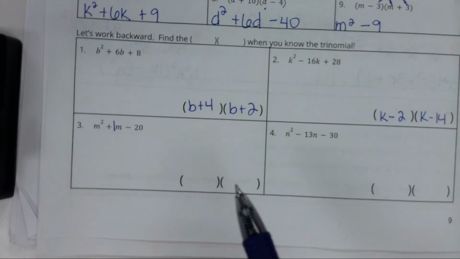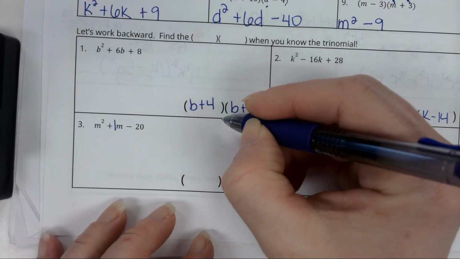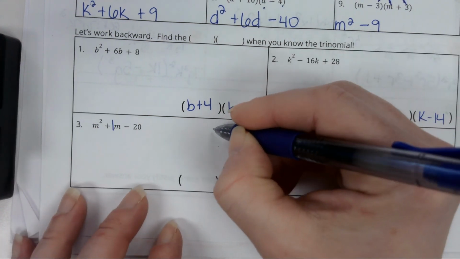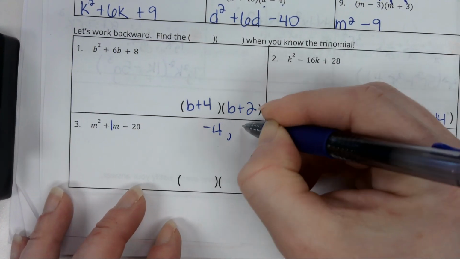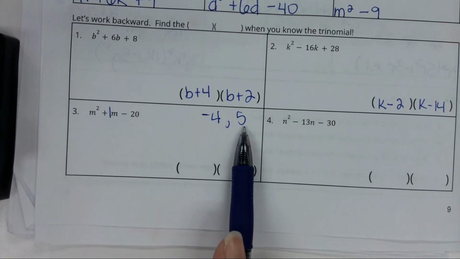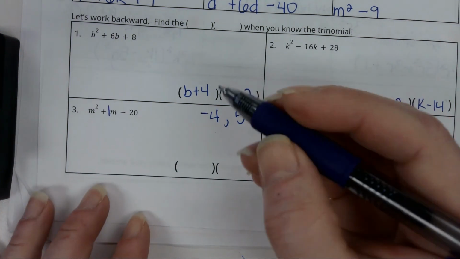Which one's positive and which one's negative? What's negative 4 times positive 5? Negative 20. What's negative 4 plus 5? 1.